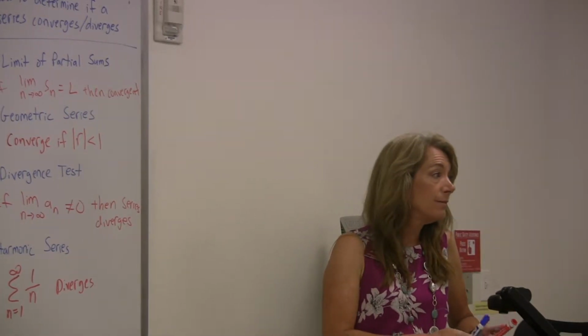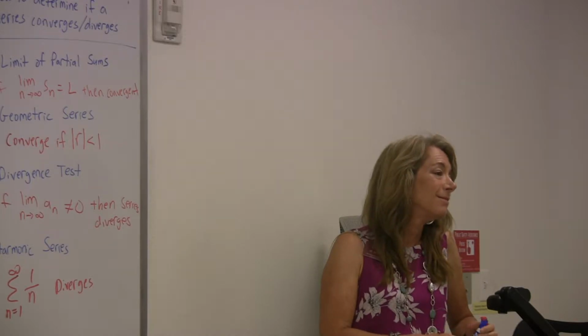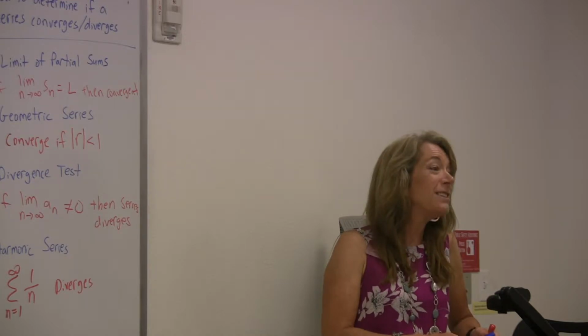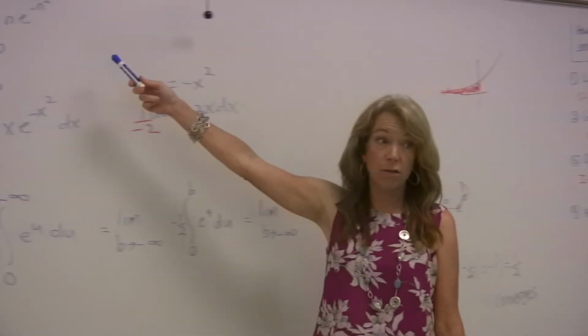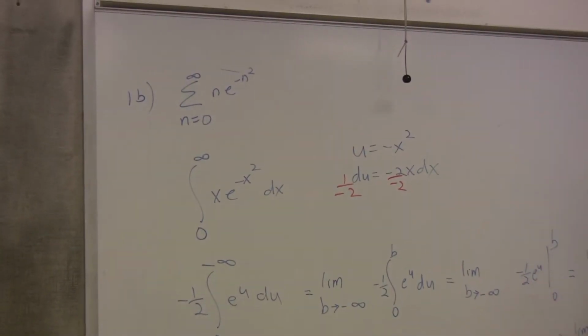Feels like I'm done. Jamie's saying now I have to actually talk about what happened to the series. The question was, does this series converge or diverge? We just found that this integral converges.